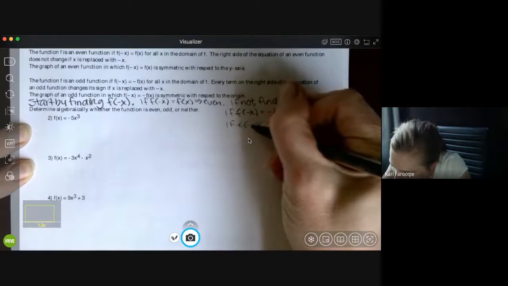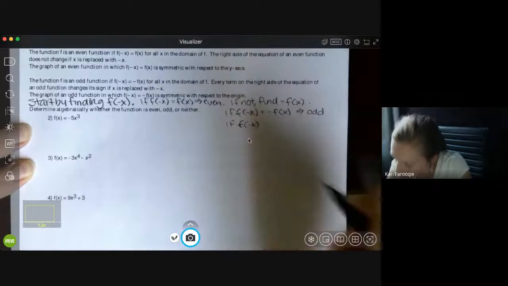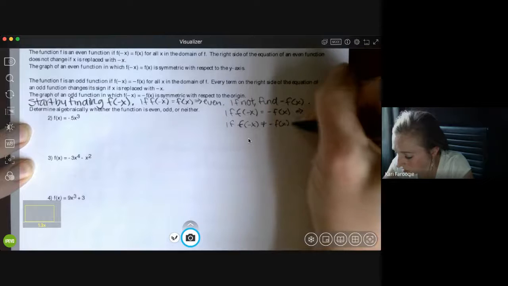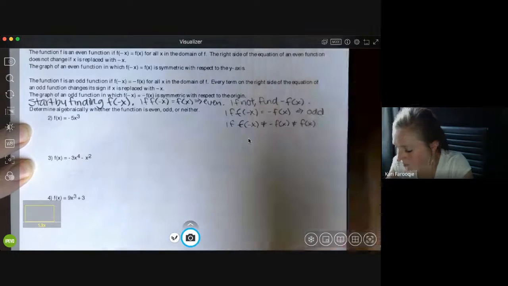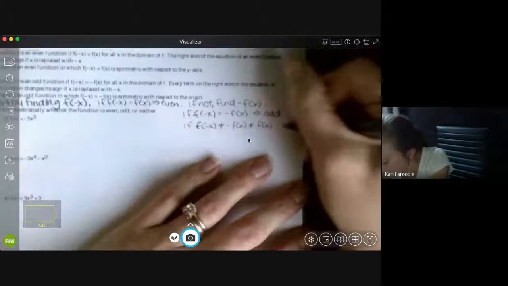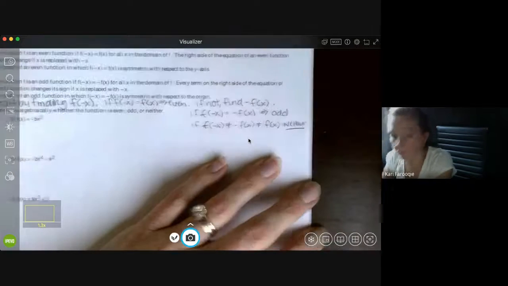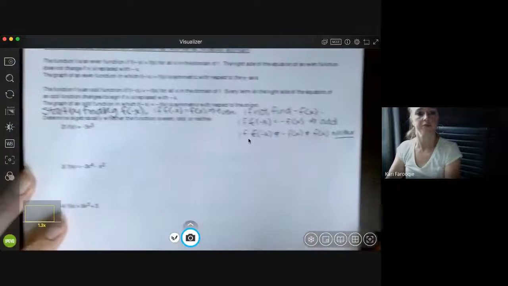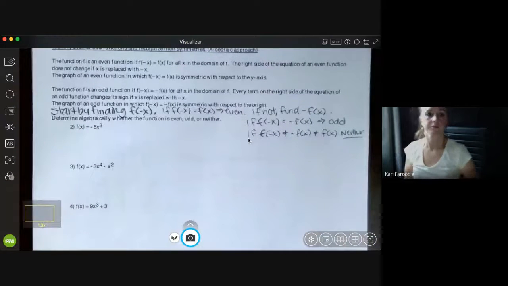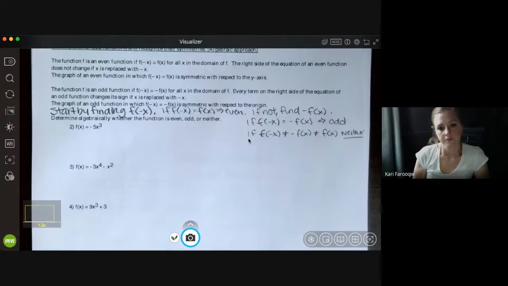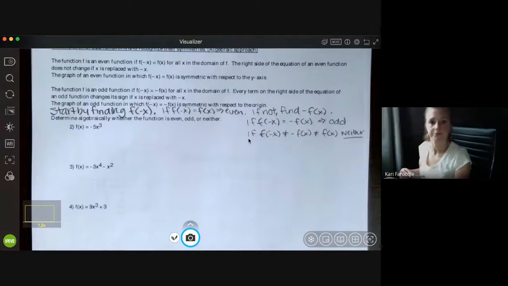If f of negative x, sorry, my f's are starting out as parentheses, does not equal negative f of x and it does not equal f of x, then you have a neither situation. So this is your procedure.